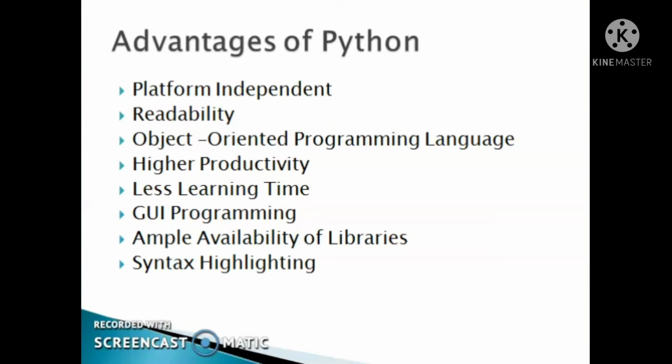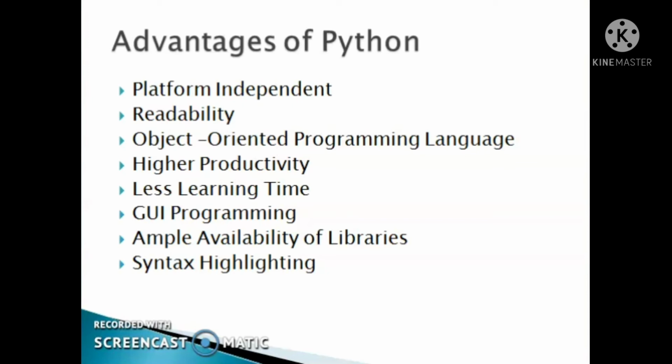Platform independent means it can run across different platforms like Windows, Linux, Mac OS, and other operating systems. Readability. Python programs use clear, simple, concise, and English-like instructions that are easy to read and understand, even by non-programmers or people with no substantial programming background.